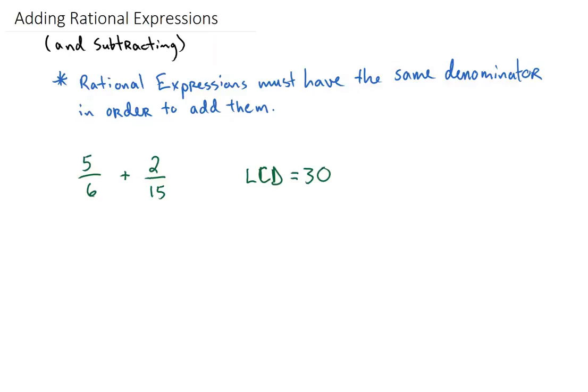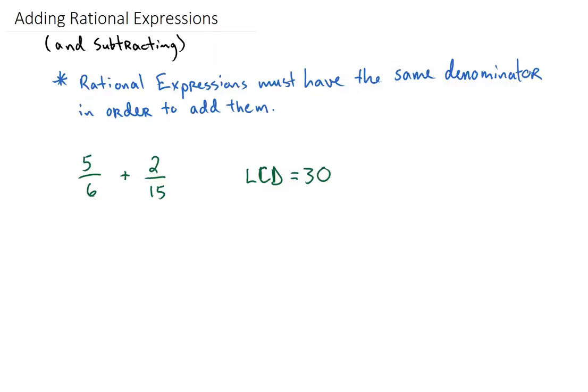Now you may just see that, or you may have a process you've already learned to determine that LCD and you know it's 30, or you may not know where I got that from. All of that is okay, but to relate this to the work we're going to be doing with polynomials, I'm going to get this LCD through a process of factoring, because that's how we have to do it with polynomials.